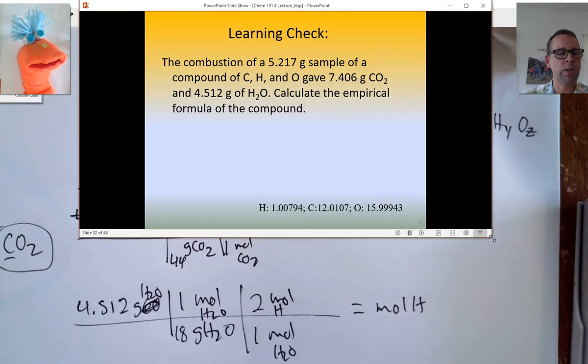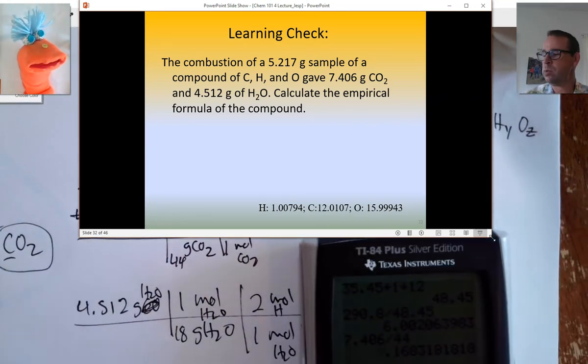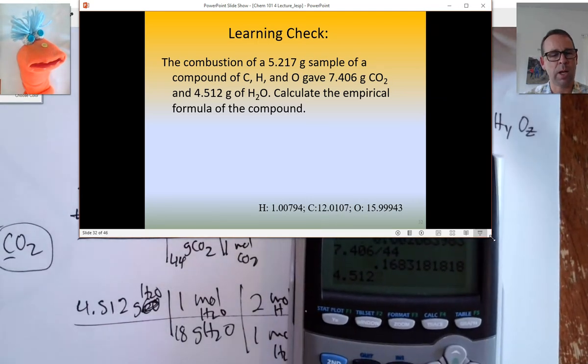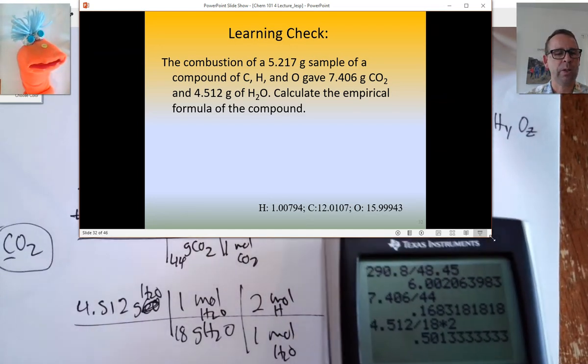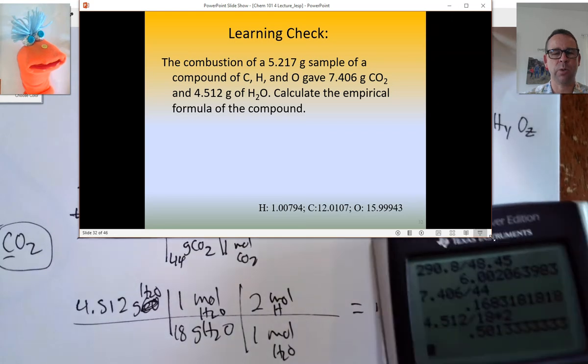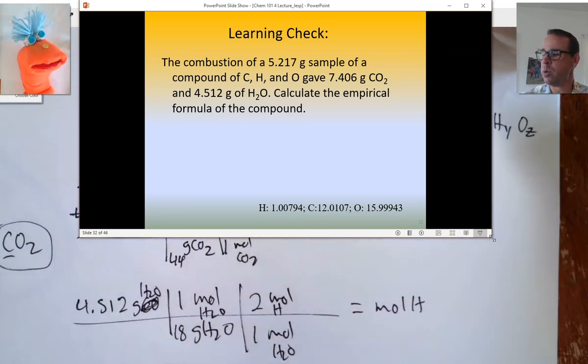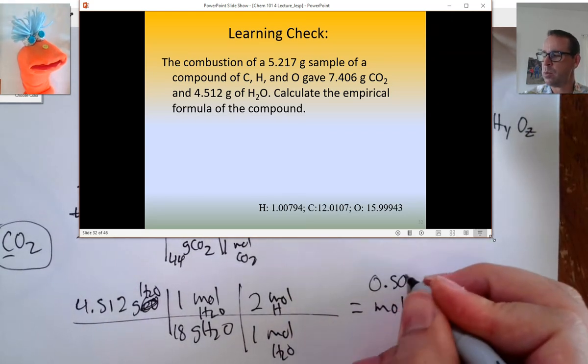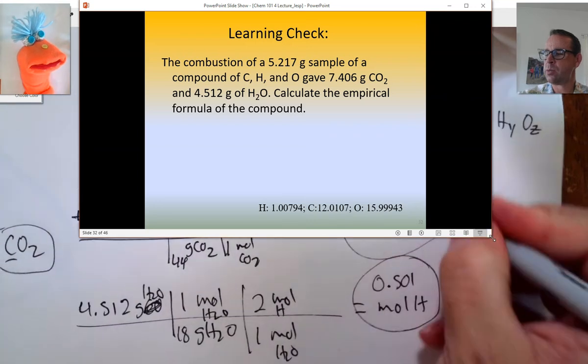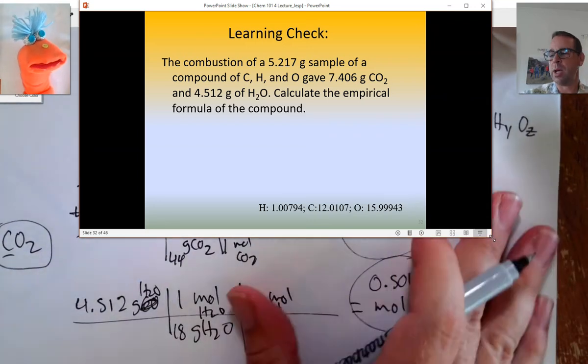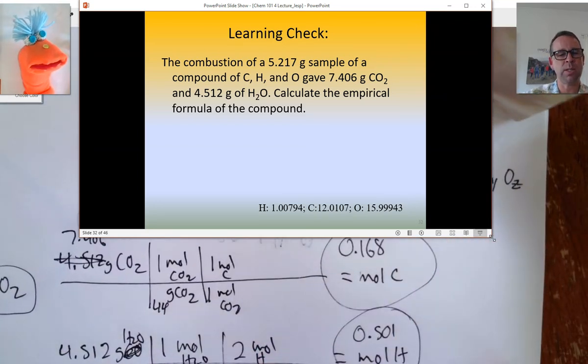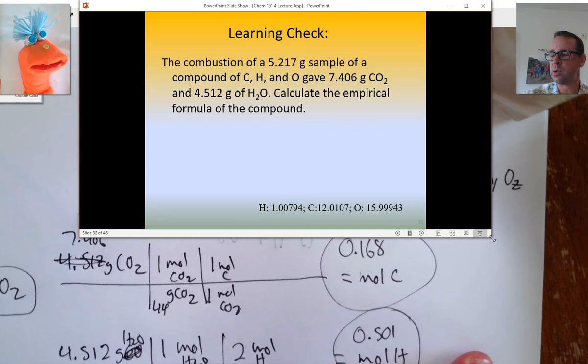And to get the moles of hydrogen, the 4.512 divided by the 18 times 2. Okay, very good. So we got 0.501 moles of hydrogen. All right, so now I got two of my values, 0.168 and 0.501.